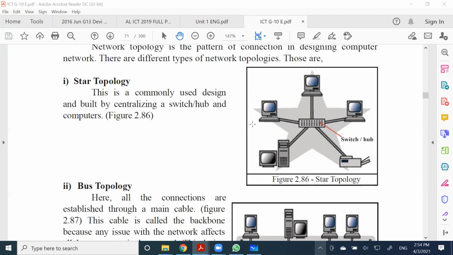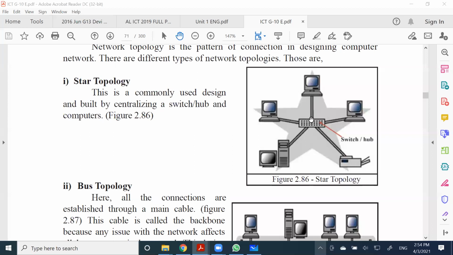Even though it is called the star topology, you really don't need to arrange it in the shape of a star. You can arrange it any way you want, but the cable from one device will be connected with the switch. So one cable per device.